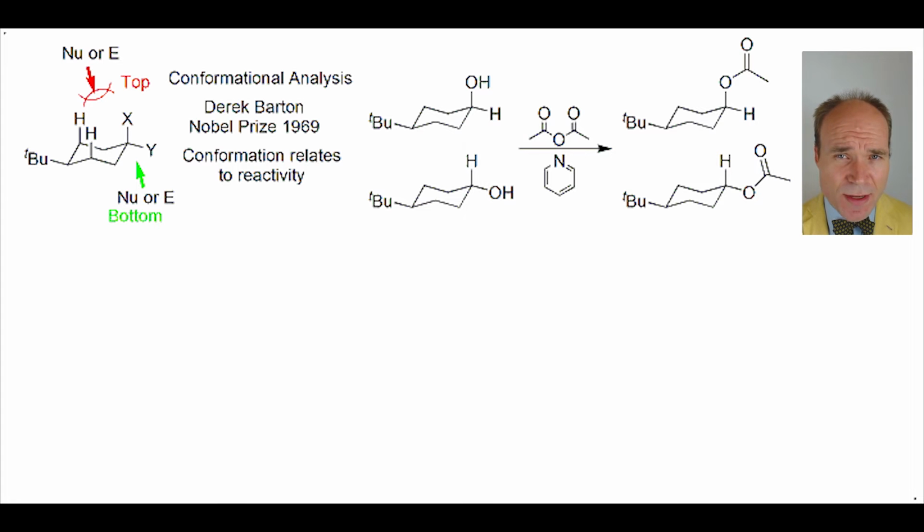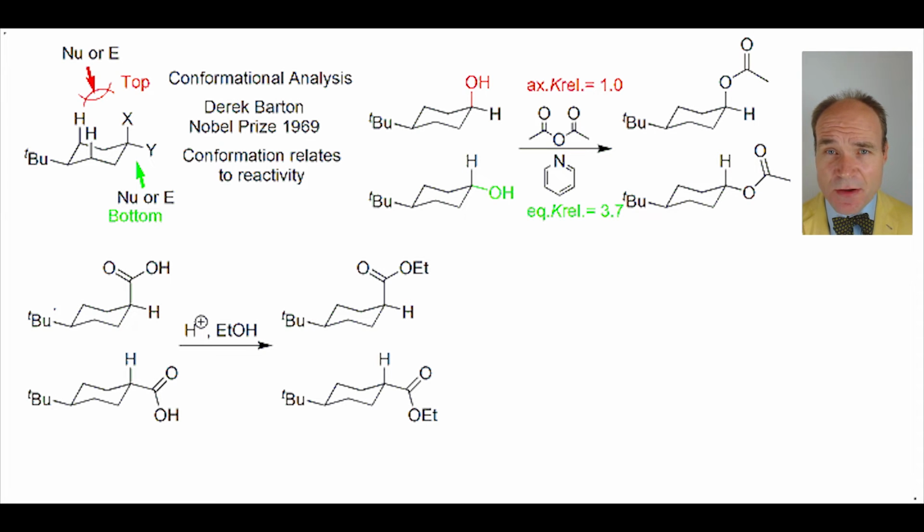Here, the equatorial alcohol is 3.7 times faster than the axial alcohol, because to react with the axial alcohol, the reagents must approach from the top face that's sterically hindered by the axial hydrogens attached to the third carbons from the alcoholic carbon.